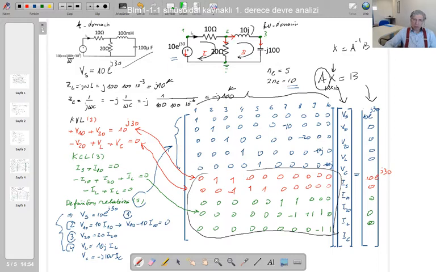In this one, we are going to see the impedances as well, since these are the impedances of the elements that we see in the definition relation. So in this part of the matrix, we've got zeros, ones, and minus impedances.